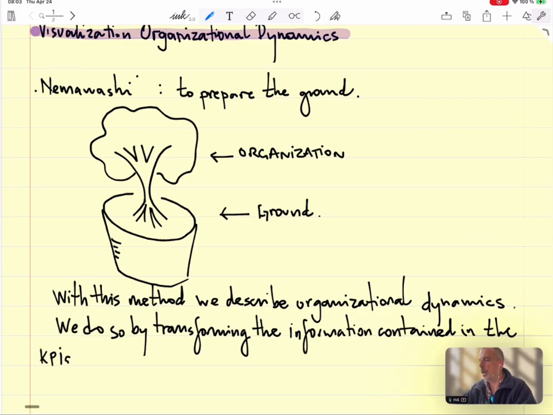KPIs are the key performance indicators, in German Kennzahlen, okay? From the management system.